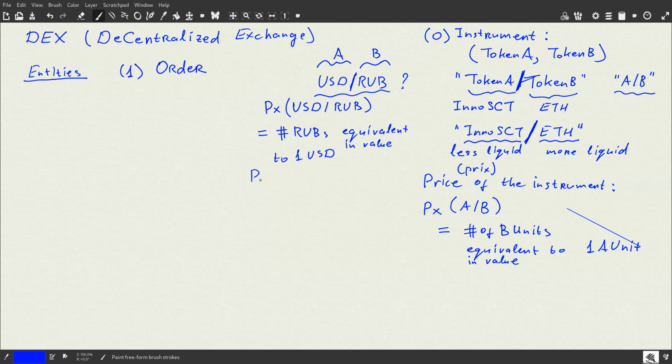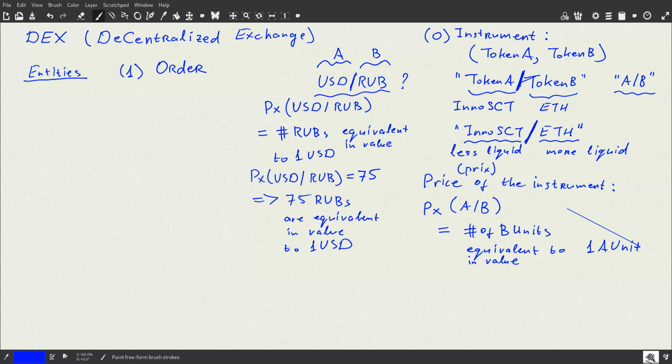So when we say, for example, price of USD ruble equals 75, it means that 75 rubles are equivalent in value to 1 USD, which is what we expect in this case.